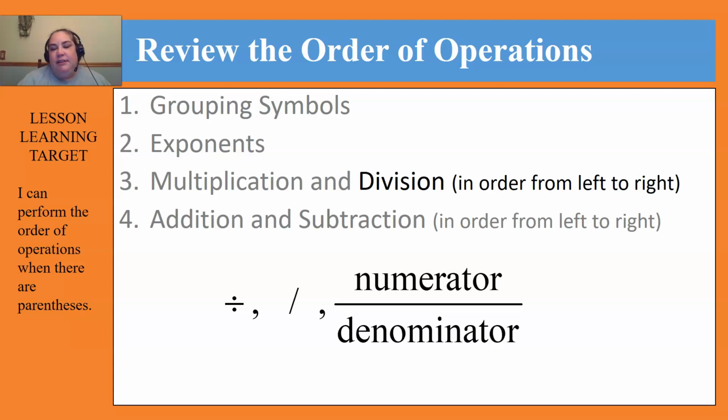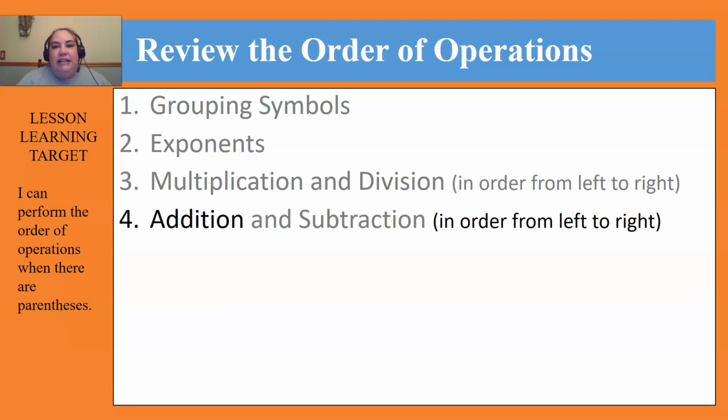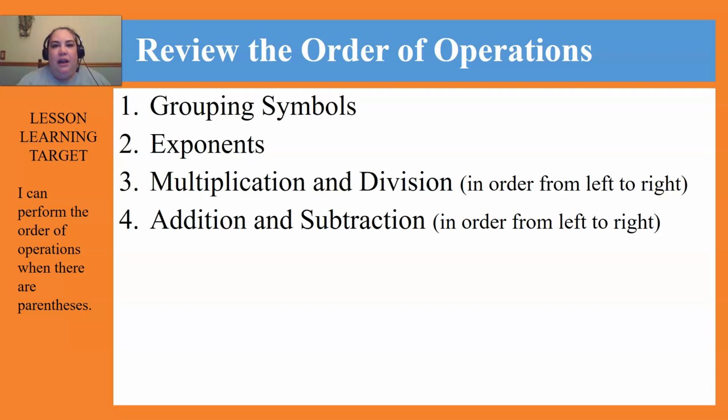So the fraction is another way to see division. For addition, it's just the plus sign, and for subtraction, it's just the subtraction sign. So it's not that complicated. So this is our review of order of operations.